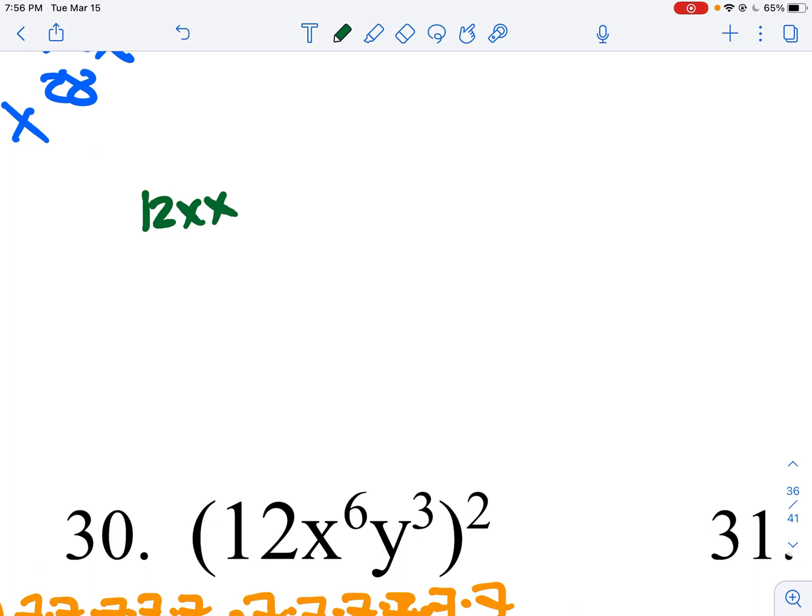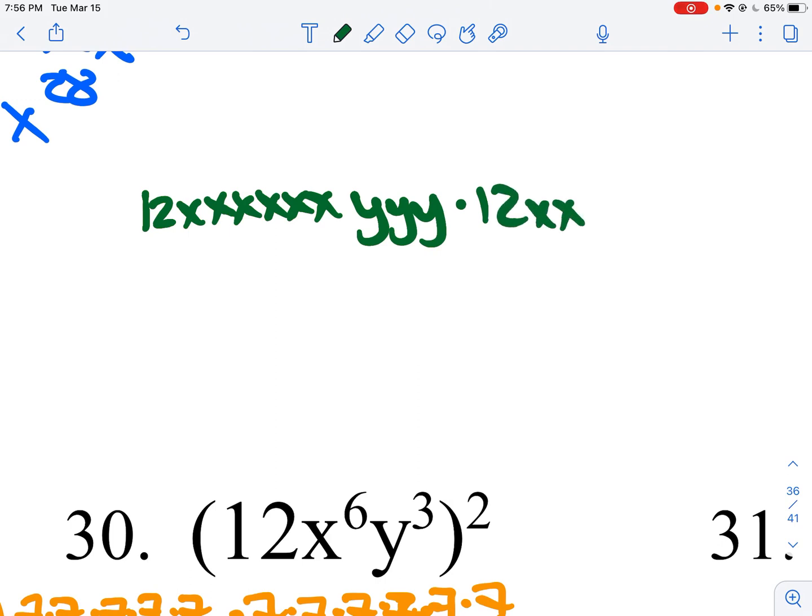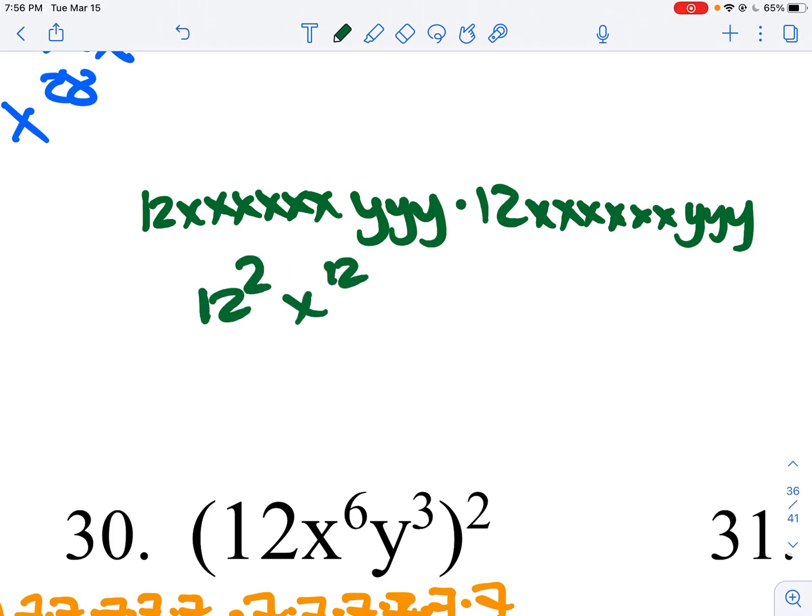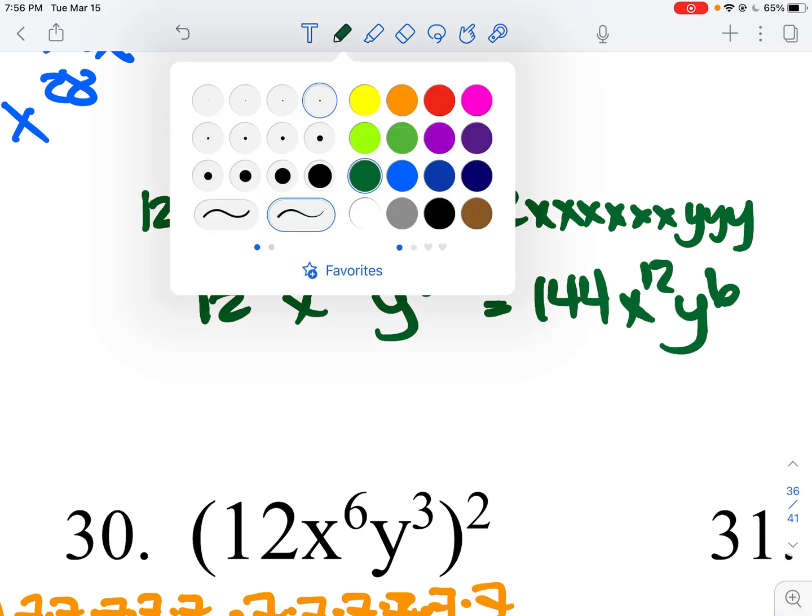So 12, 1, 2, 3, 4, 5, 6, Y times 12, 1, 2, 3, 5, 6, Y. So I have 2 of those. I have 12 X's. I have 6 Y's, which is 144 X to the 12th, Y to the 6th.